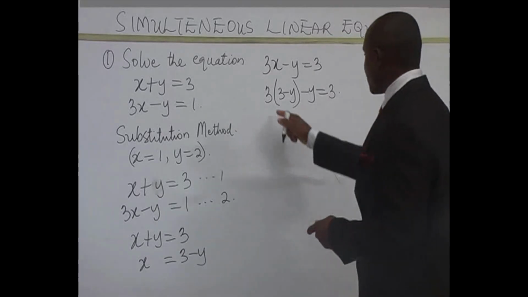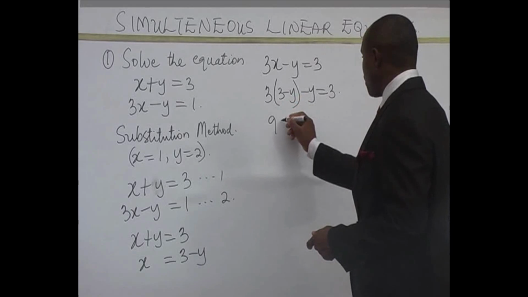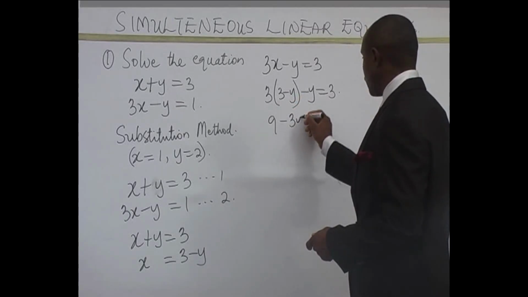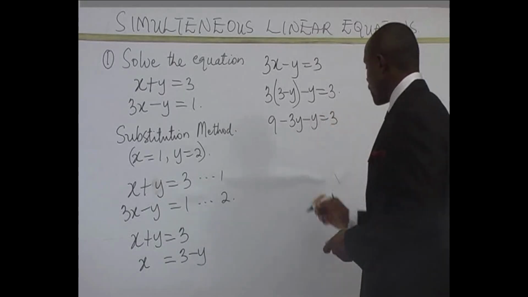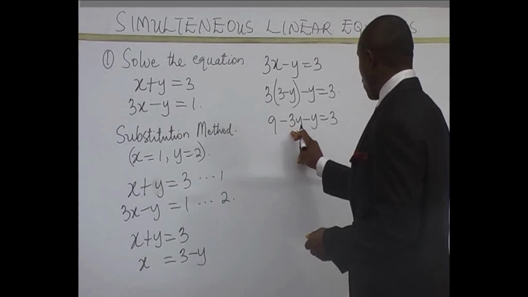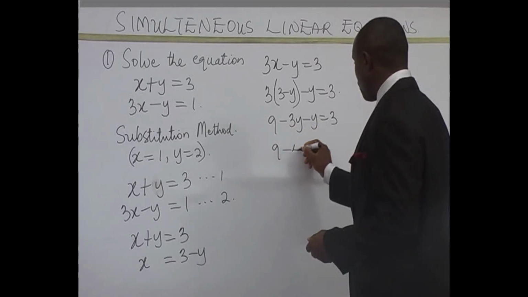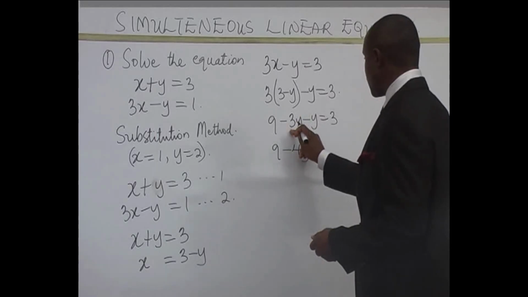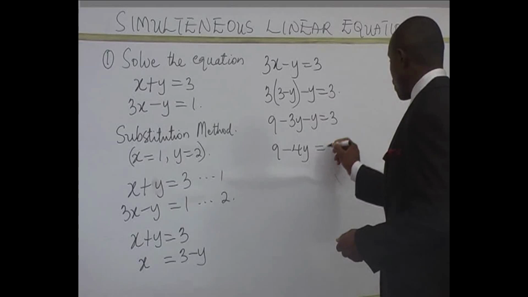Now remove brackets. 3 times 3 will give you 9. 3 times minus y will give you minus 3y. Then minus y is equal to 3. Minus 3y minus y will give you 9 minus 4y, because minus 3y minus y is minus 4y, is equal to 3.